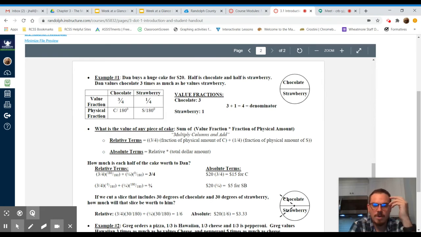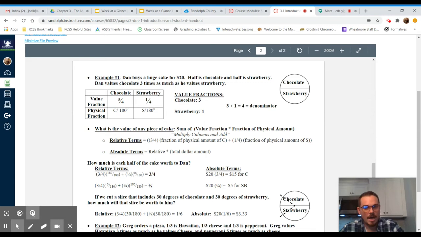So if I was going to ask you to find the relative, this is the percentage. Percentage and fractions are the same thing. So 3/4 times the fraction of physical amount of C, however much we have, whatever he has, right? Plus 1/4 times the fraction of the physical amount of S. That gives us the relative term for any.